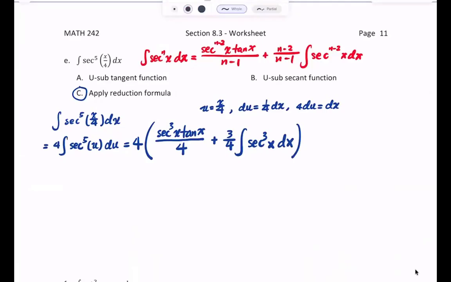Sorry, my bad. Okay, so that's the first application of that reduction formula, where n is 5.